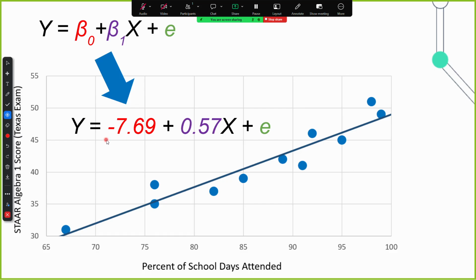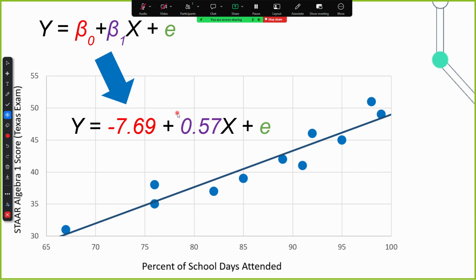The equation that defines it is negative 7.69 plus 0.57x plus e, the error. So B naught is negative 7.69, and B1, or beta, I'm saying B, but it's beta, is 0.57.